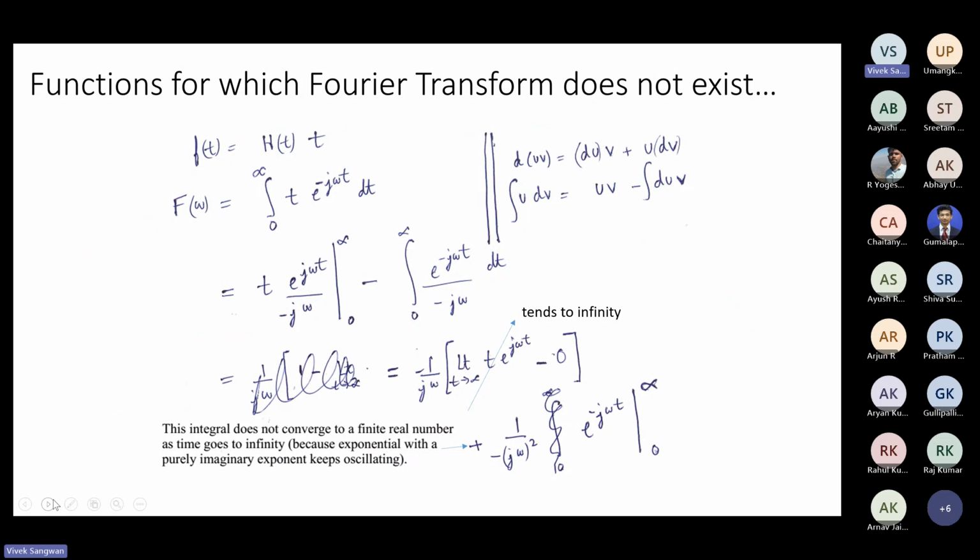And the problem with the Fourier transform is that it does not exist even for simple functions like a linearly increasing function. And a linearly increasing function is definitely something we will encounter. For example, if you are launching a rocket, we want to control its displacement, or the height.